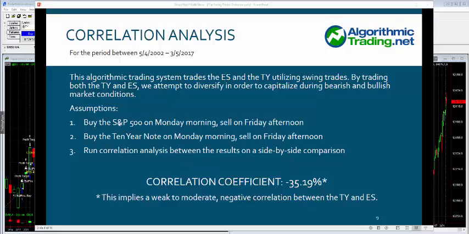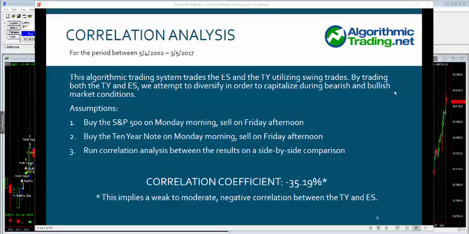In the analysis that I did, I wrote some code that basically bought the S&P on Monday morning and sold it on Friday, and then also bought the 10-year note on Monday and sold on Friday. Then I ran a correlation analysis between the results on a side-by-side comparison, and the correlation coefficient is negative 35.19%. What this implies is that there's a weak to moderate negative correlation between the 10-year and the ES, the S&P.